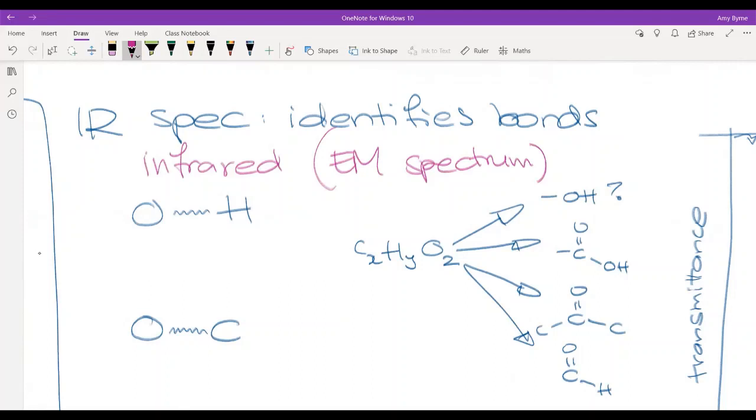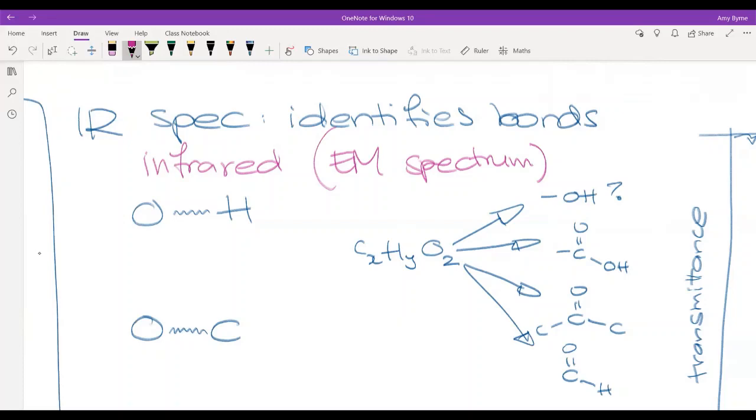So the vibration frequencies of those bonds that we find in our organic compounds are in the infrared portion of the spectrum, which is why stuff like methane acts as a greenhouse gas, because those carbon to hydrogen bonds can absorb the infrared energy as it comes out from Earth and then release it back towards Earth.